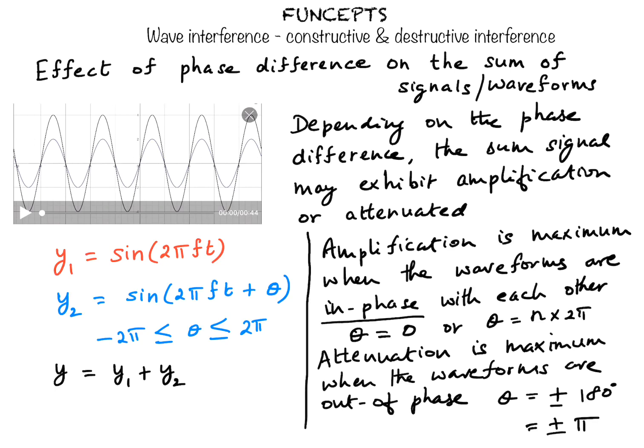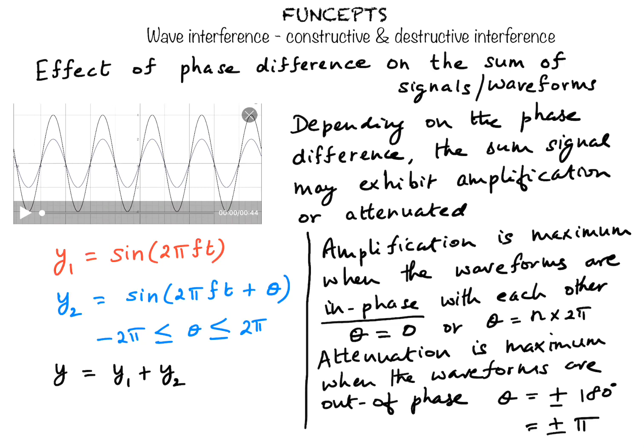But if the phase difference is such that the resultant signal's amplitude gets smaller than the original signal's amplitude, then we say the interference is destructive interference, and that is the case when we have attenuation.